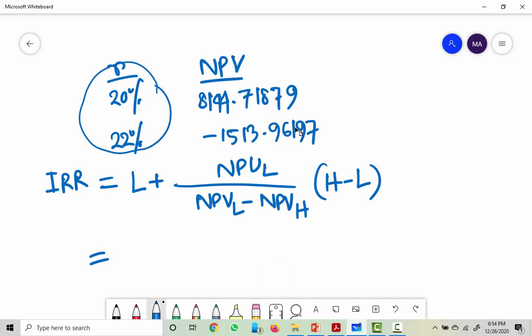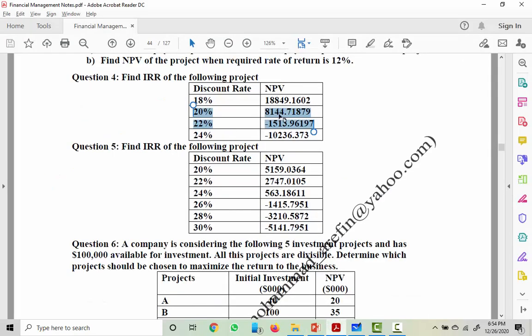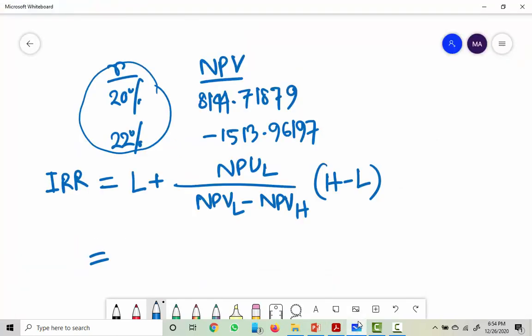These are the two discount rates we will use, because as I said before, this is the positive NPV close to 0, and this is the negative NPV close to 0. Among these two discount rates, the lowest rate is 20%. So L means the lowest rate.